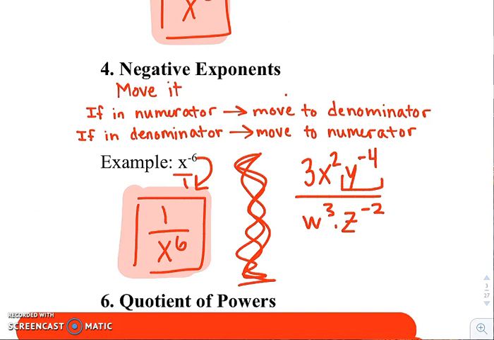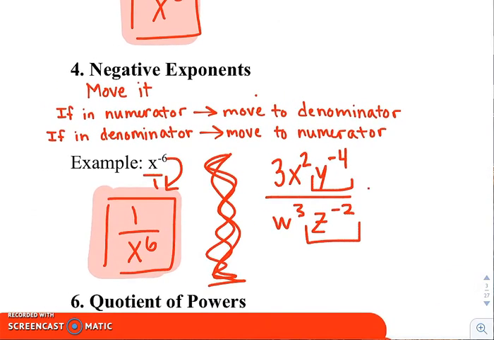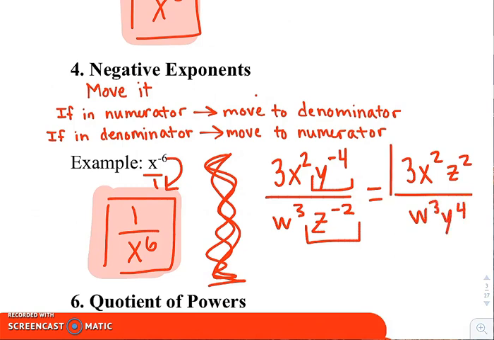So just the expression or term with the negative power is what needs moved. So the z will come to the top with the 3 and the x and now be a positive squared value. The y will go to the bottom with the w and be positive. You really do simply just move any negative exponents to make them positive.